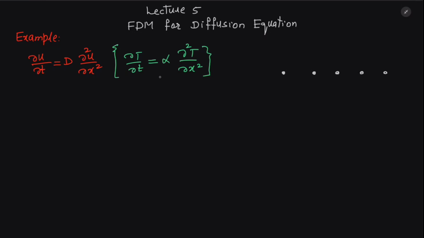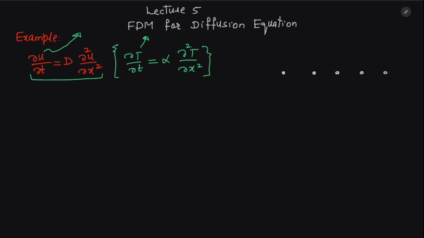This is also called the diffusion equation, but sometimes people call it the diffusion equation when this u represents the concentration of some contaminant. And in this case, the equation is called the heat equation, where T is the temperature. So I'm going to solve this diffusion equation. Here D is the diffusion coefficient.